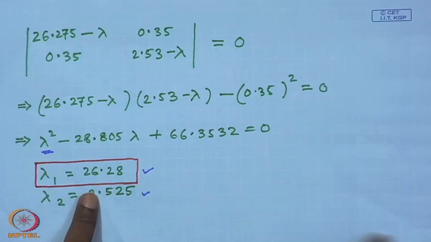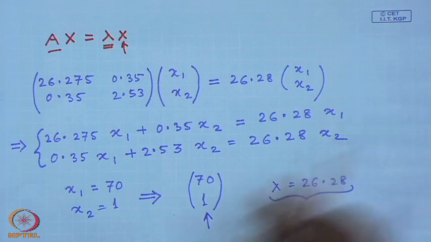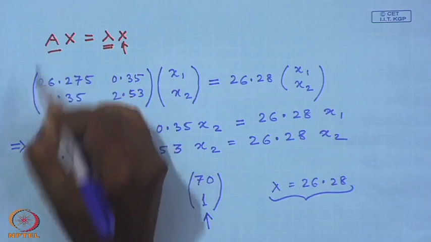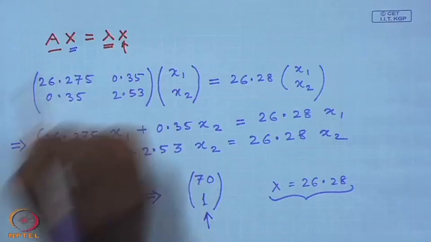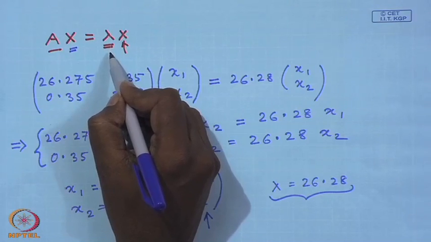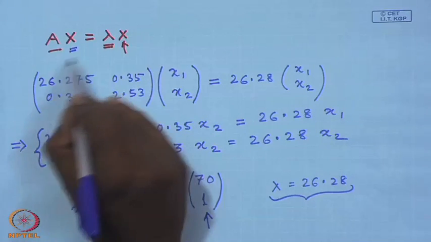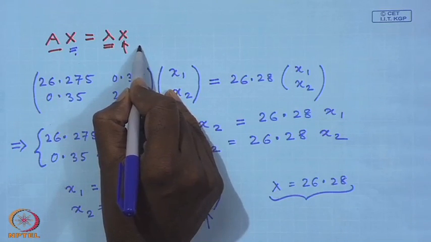So, for this eigenvalue, I try to compute the eigenvector, and for that we have this well known eigenvalue equation, that for matrix A, if x is the eigenvector and lambda is the corresponding eigenvalue, then this equation must be satisfied, that is A x is equal to lambda x.